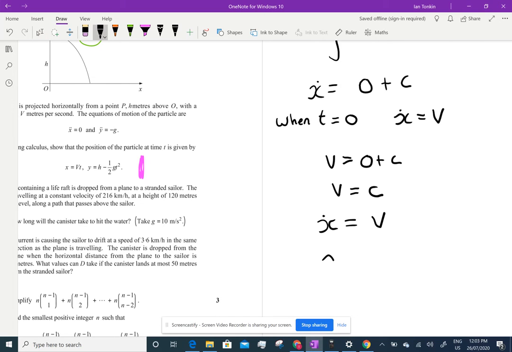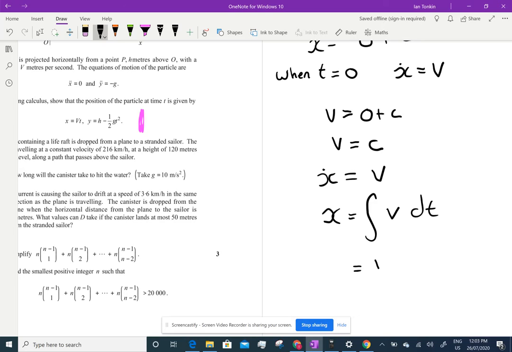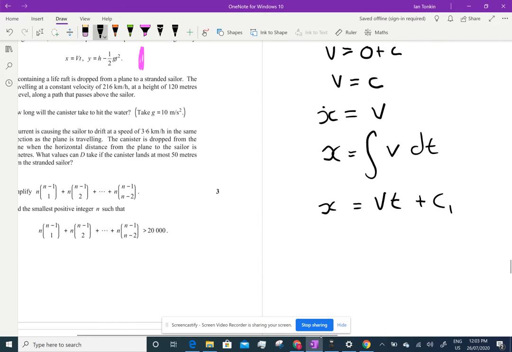Now, to find displacement, I've got to integrate velocity with respect to t. And I'll get vt plus another constant, which I'm going to call c1. And when t equals 0, well, there is no displacement, so x equals 0.